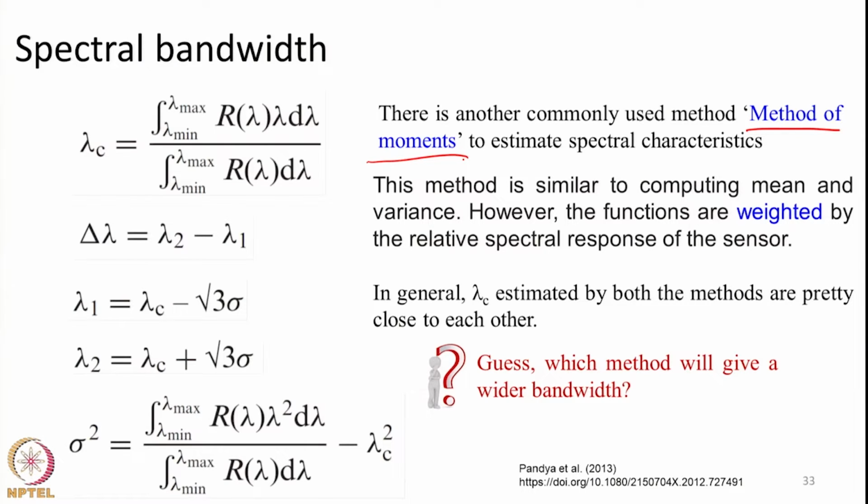Interested people can look at the textbook Fundamentals of Remote Sensing by Dr. George Joseph, or at the paper referred to in this slide, Pandya and others 2013. But the basic concept is that people use statistical measures very similar to mean and variance, and they try to define this spectral bandwidth.